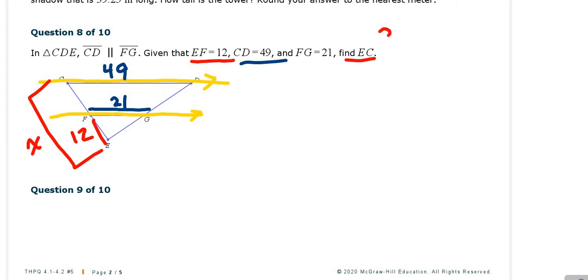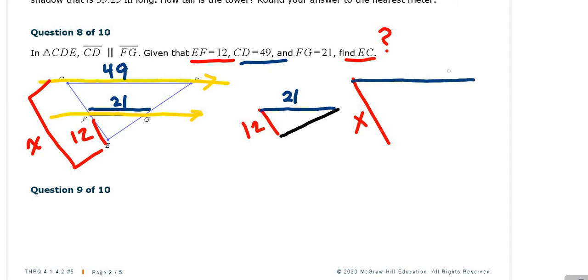Now, it is hard to see this, but if you pull the triangles apart, it becomes quite easy. Let's pull it apart. Right here, the smaller, we have 21 and 12. And then this would be our unknown, our 49.